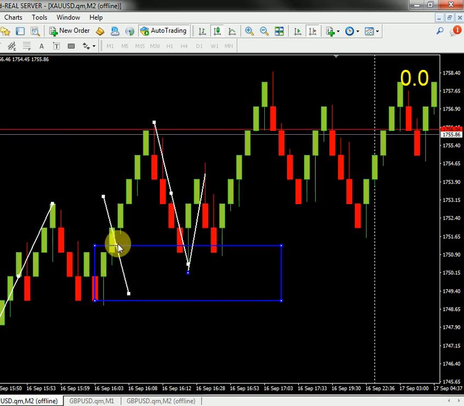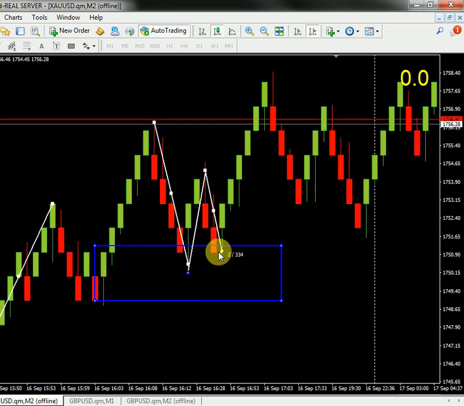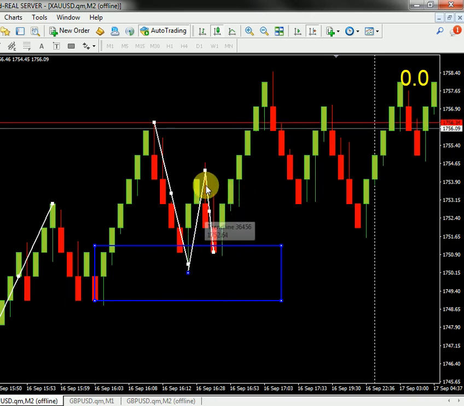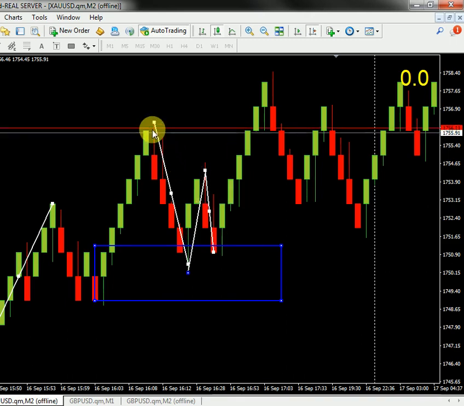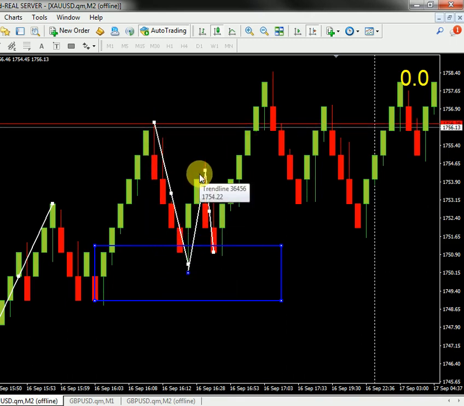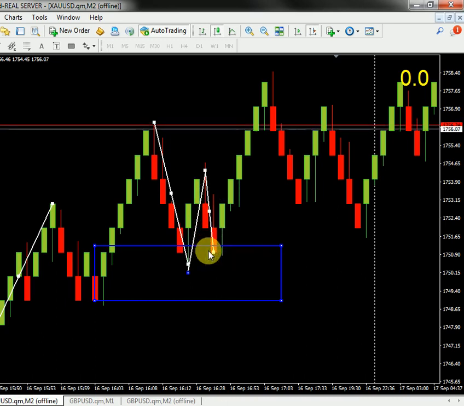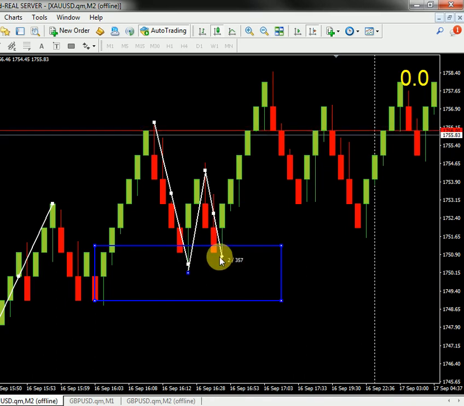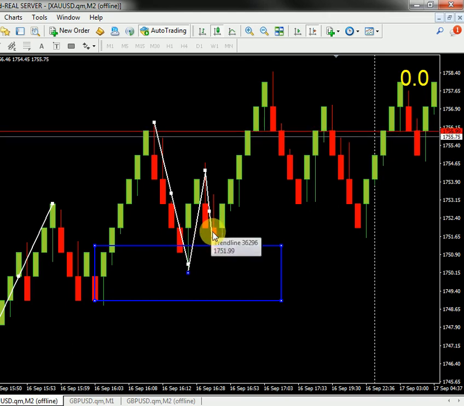But we are looking for a complete setup with C. This movement does not break the previous low, so C did not happen.